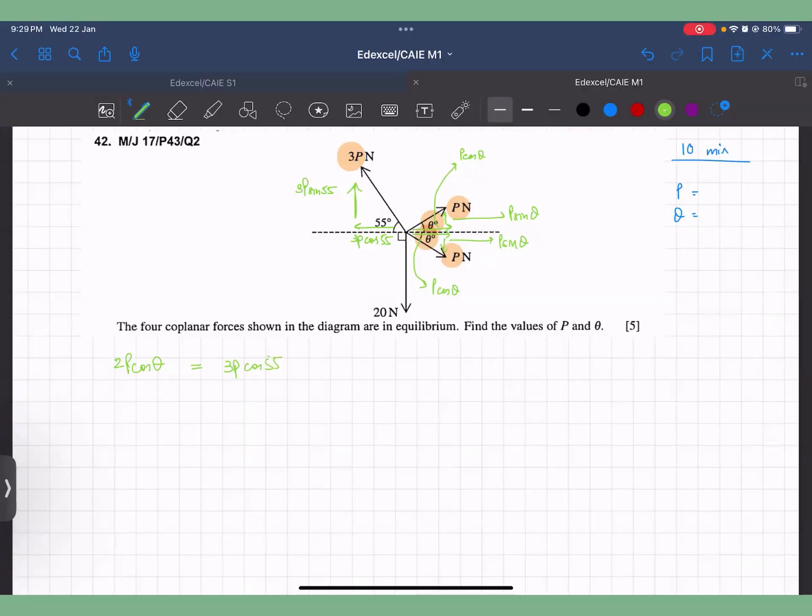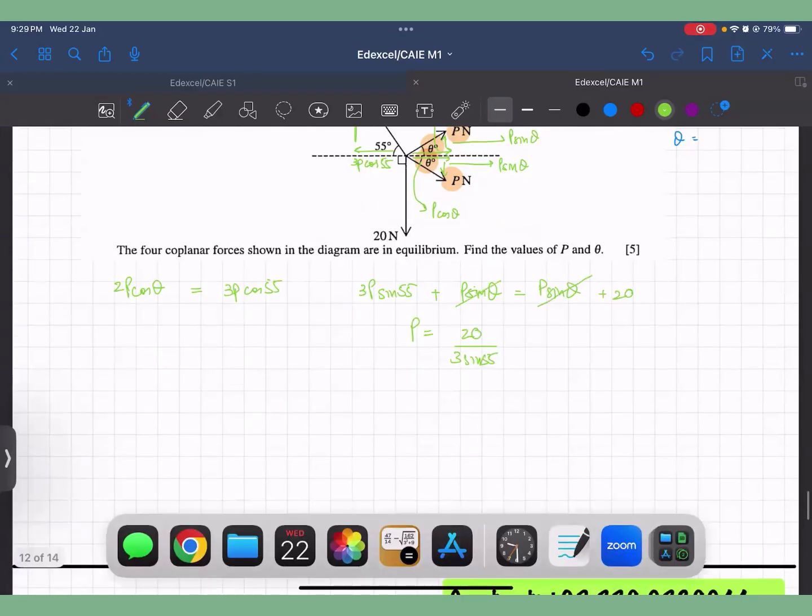This is your horizontal equation. Now vertically, upwards 3P sine 55 plus P sine theta is equal to P sine theta, which is downward as well, plus 20. So P sine theta would cancel out. So your P would simply come out as 20 over 3 sine 55.